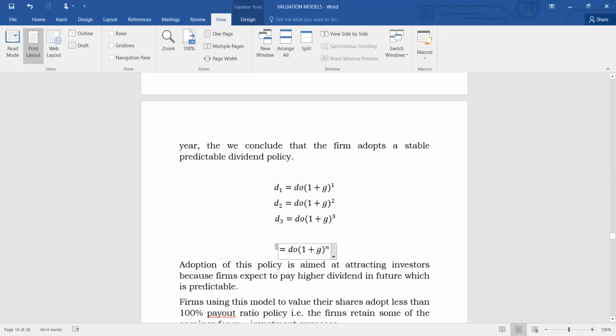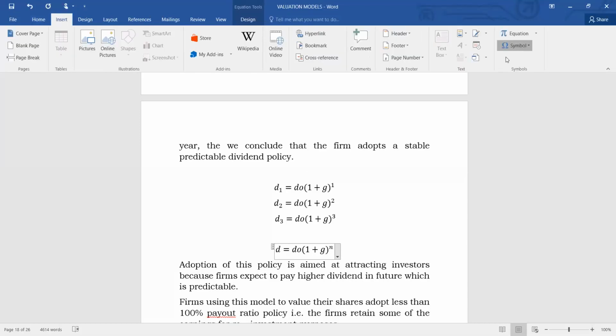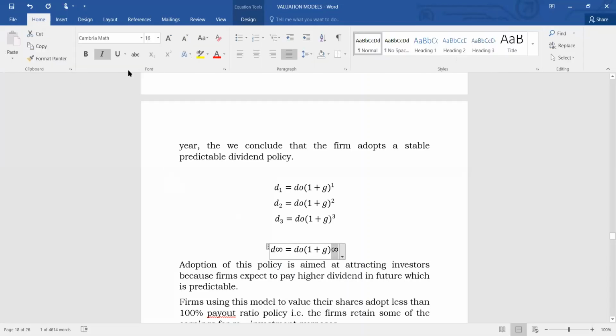Even the power here should be infinity. It goes on up to infinity.